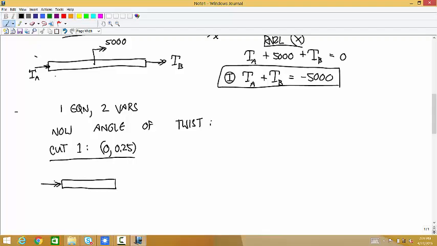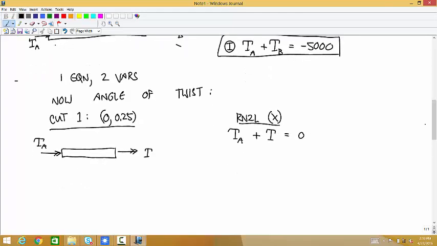We have the reaction torque of TA, and then we have an internal torque of T. That's what we're trying to find. And so the moment equation about the x-axis says TA plus T is equal to 0. So the internal torque is equal to negative TA.